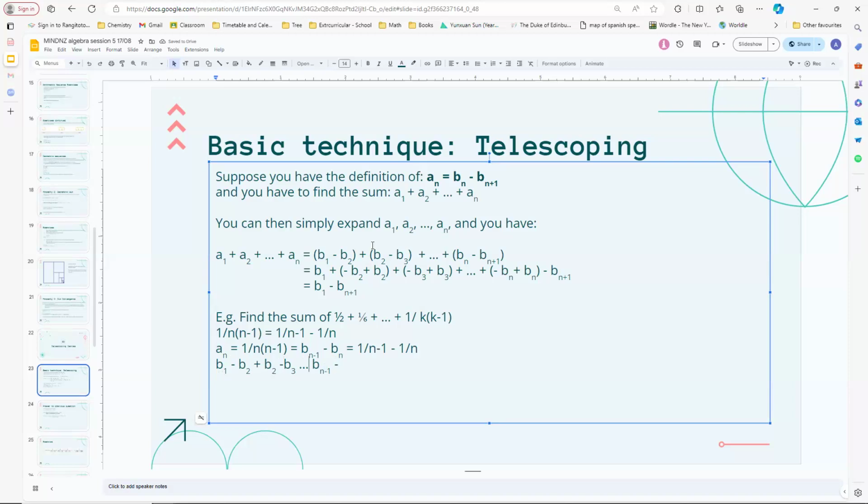Oh wait, it should be in front. Minus b_(n-1) plus b_(n-1), and finally minus b_n.